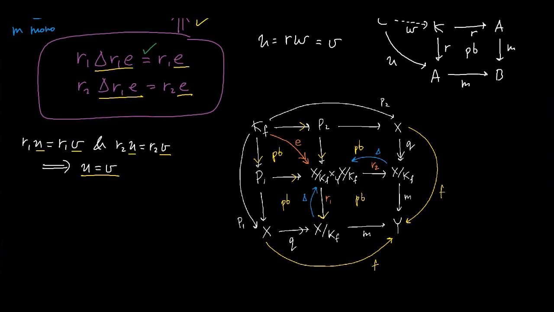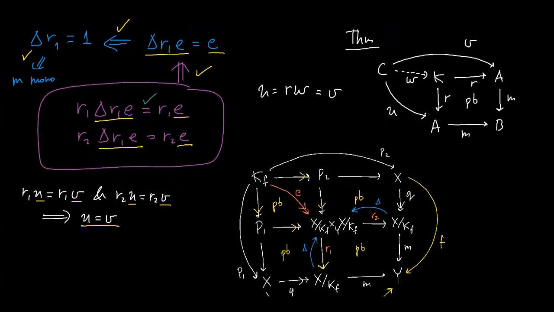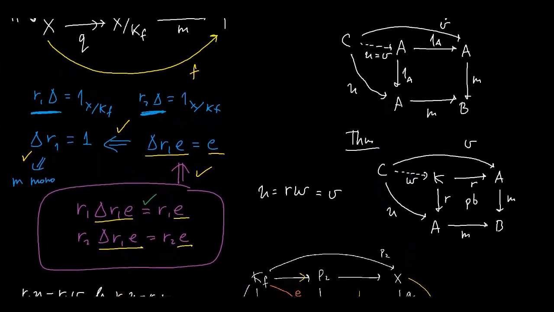The other one we've got E R1, then delta, then R2. That would be the same as going this way. But wait a second. Delta R2 is identity, isn't it? Delta R2, yeah, for the same reason as R1 delta was. No, we didn't have delta R1 as an identity. We only have R1 delta. Yeah, sorry.